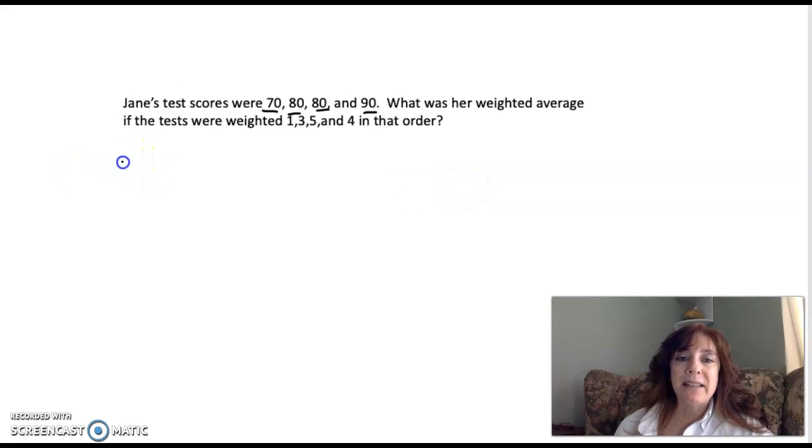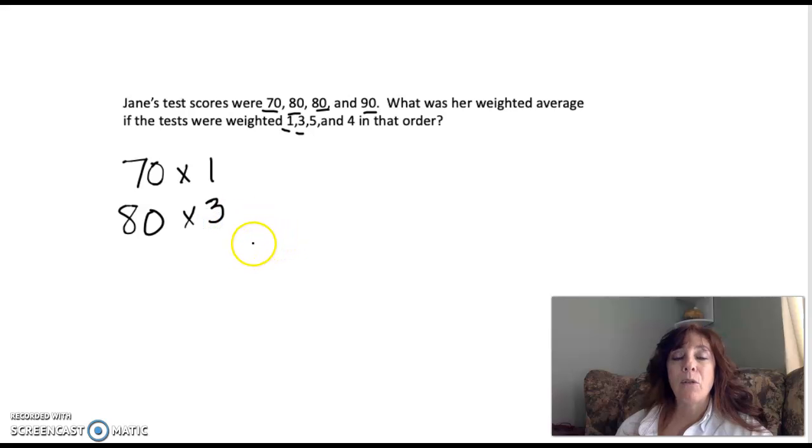The 70 score, her test that she made a 70 score, counted 1 time. So we can say times 1. The 80, the second test, counted, so here's the weight of 1. The next weight is 3, and they're in the same order. So the second test counted 3 parts, or 3 times as heavy as the first test.